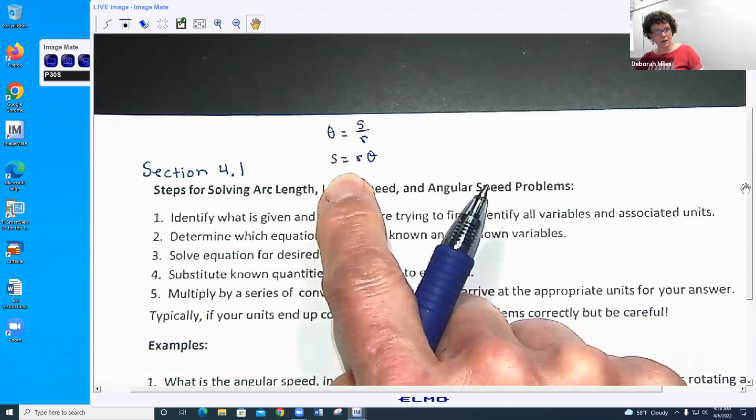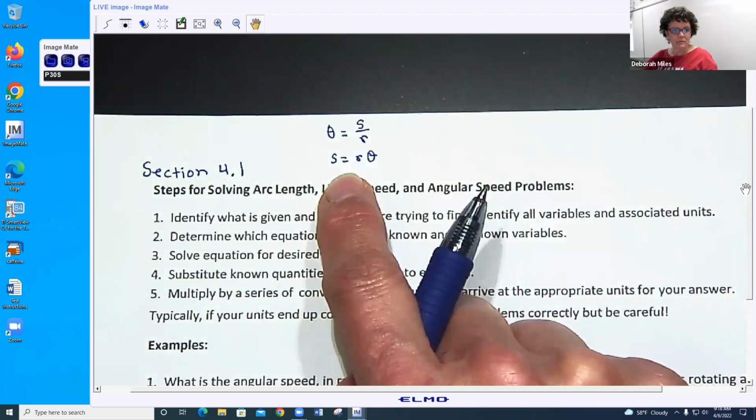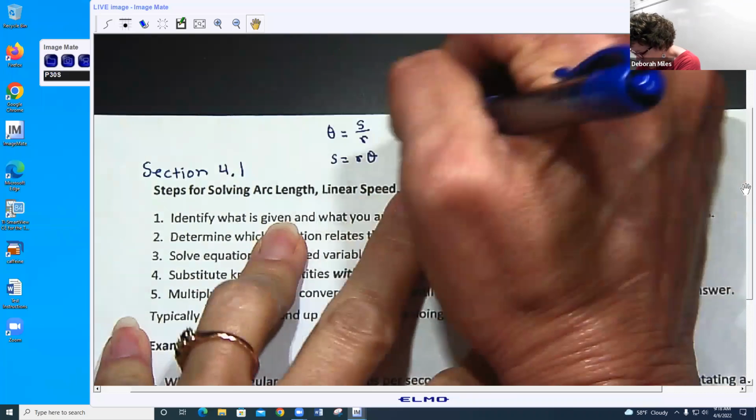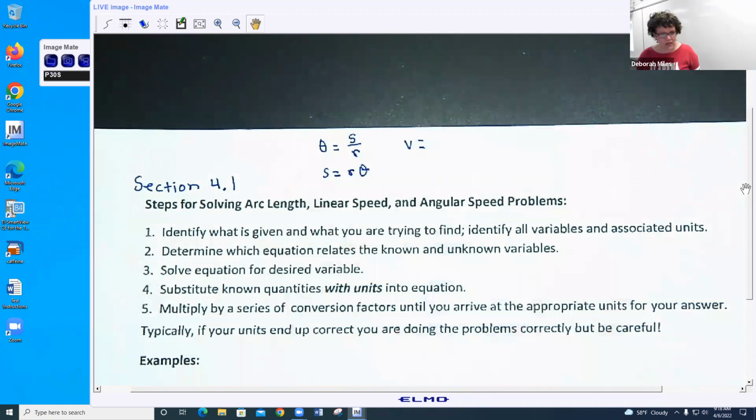And the one word problem that you had on part A, something about how far did the minute hand travel? That was the arc length. How far does the minute hand go around that circle? What about linear velocity? Know what your variables stand for. What's the linear velocity formula?